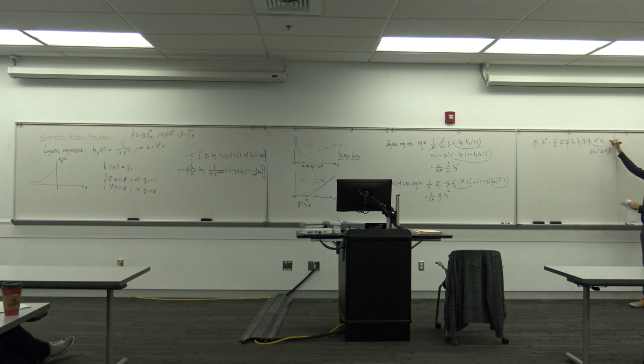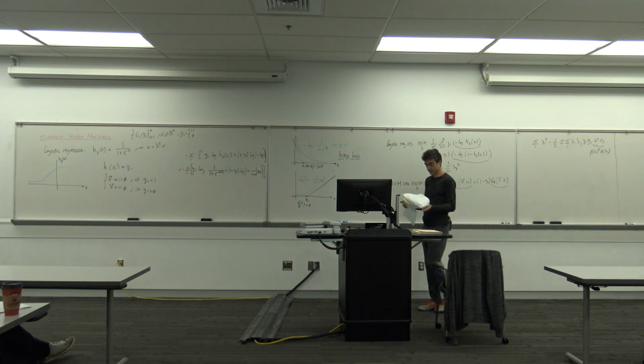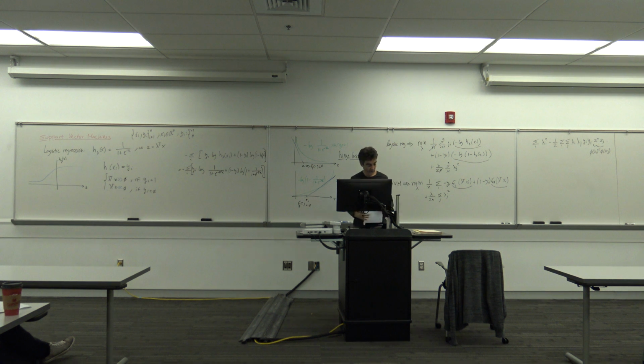And does this look familiar? This equation here is the SVM equation that we've derived, right? So you see where SVM comes from once you have these equations from logistic regression.